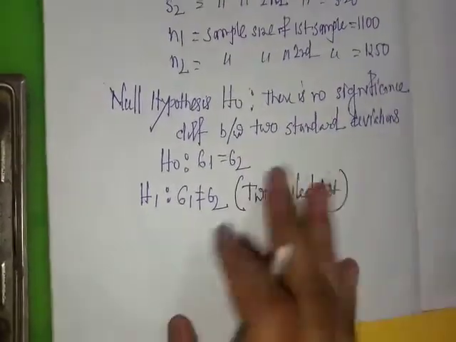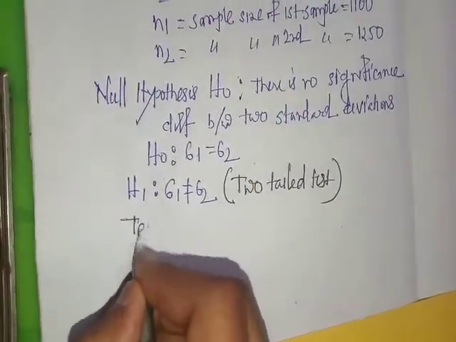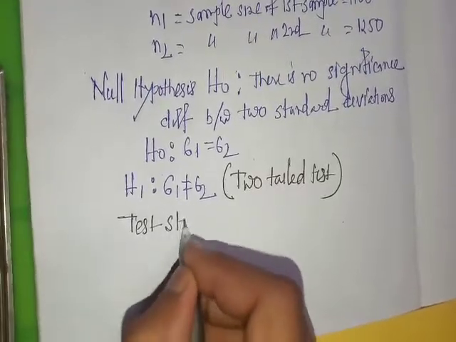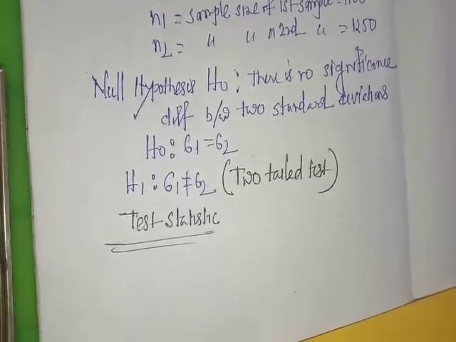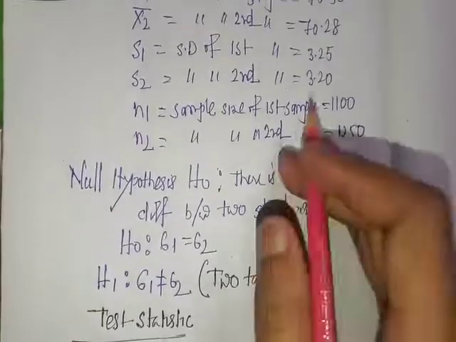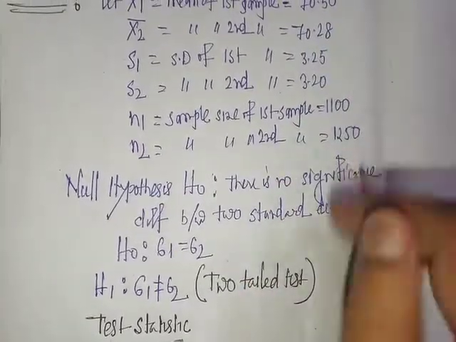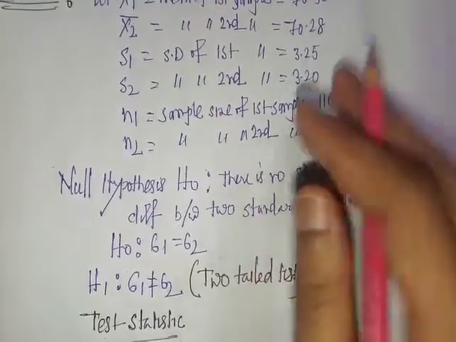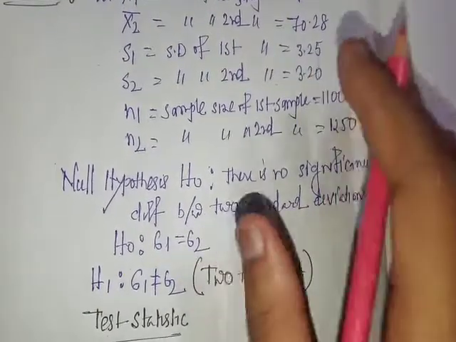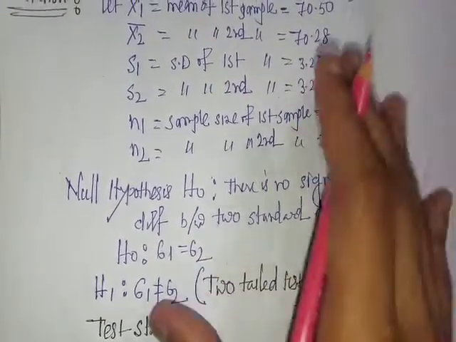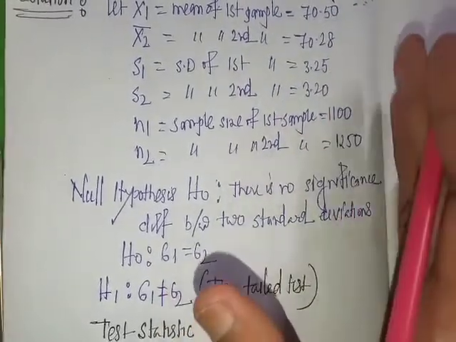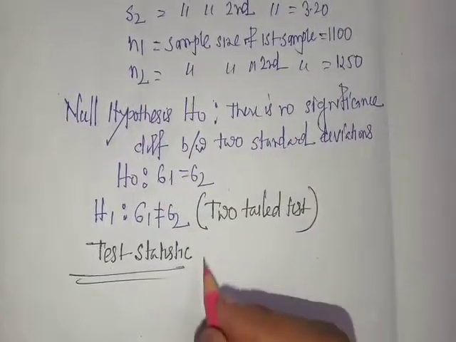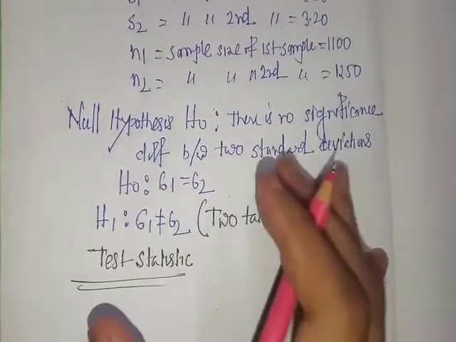Next we will set the test statistic. Since here the sample sizes are greater than 30, these are large samples, so we use the Z test.